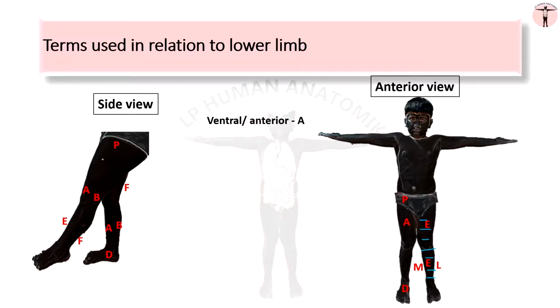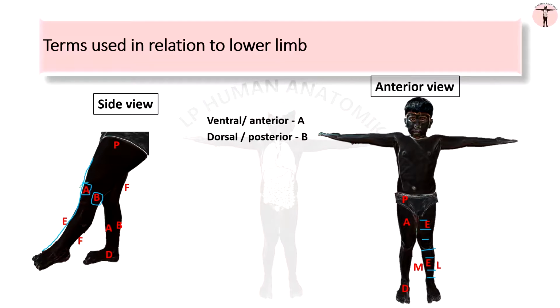Now here in the side view, that part which is towards the feet is the anterior aspect of the lower limb. So here A is present on the anterior part of the lower limb and B is towards the posterior aspect of the lower limb.